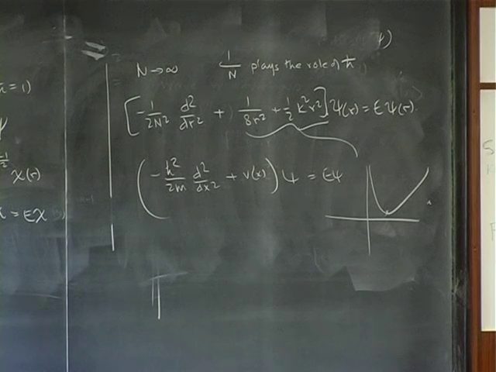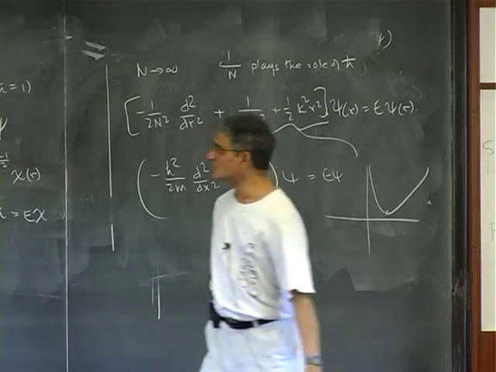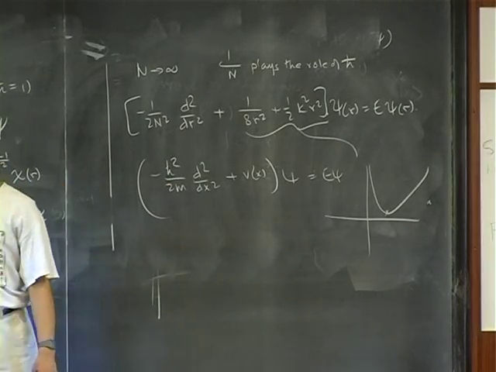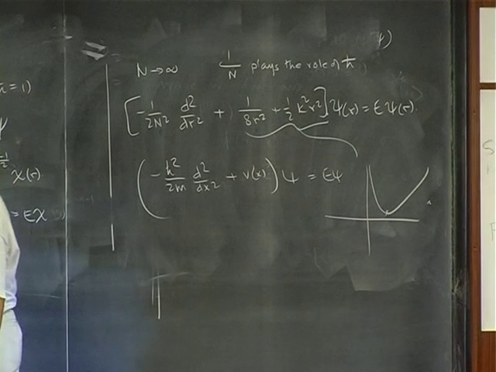And at that point, what I have therefore found is a classical theory which is completely equivalent to this quantum theory. That classical theory has a variable which is r.